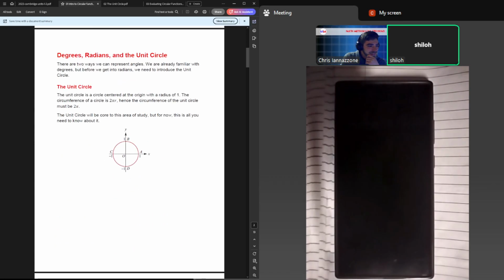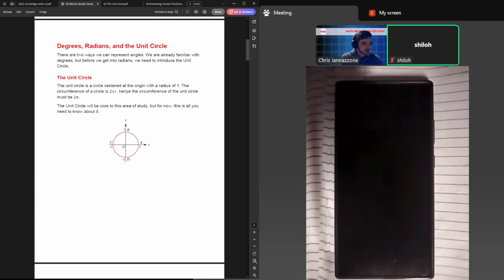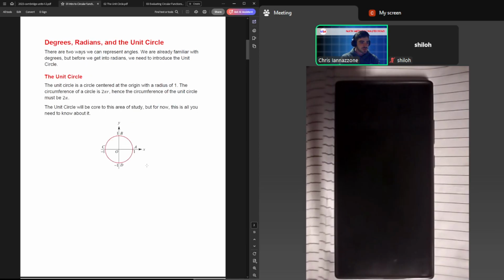Okay. But otherwise, yeah. So degrees, radians, and the unit circle. Circular functions introduces this idea of radians. Basically, it's just another way of representing the angles within a circle. So instead of thinking like a circle is completed within 360 degrees, we're now completing it in 2 pi. And the reason why comes from the circumference equation for a circle, that being 2 pi times r.